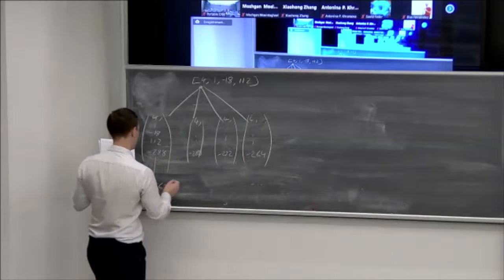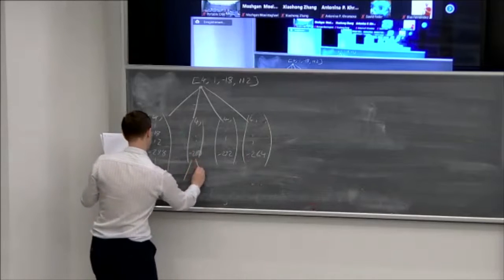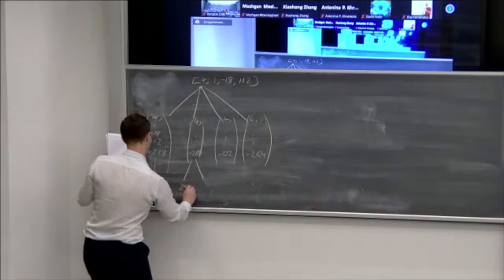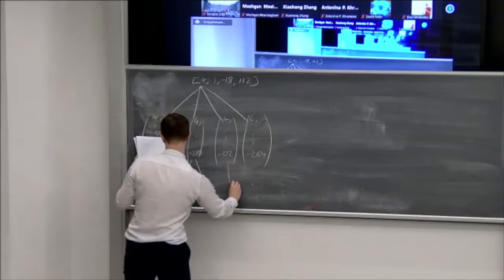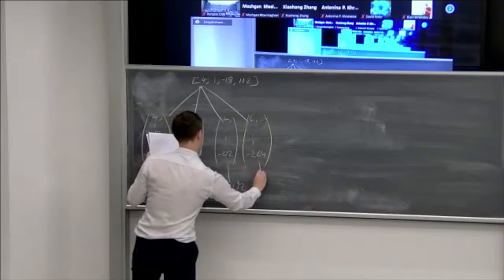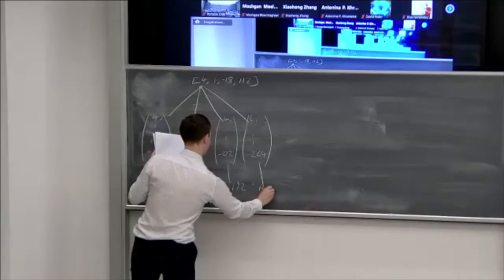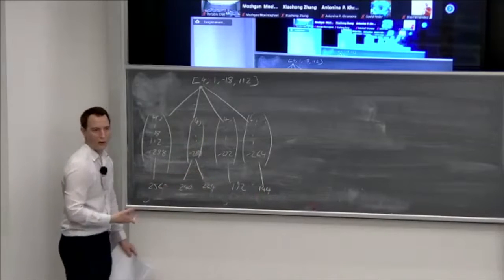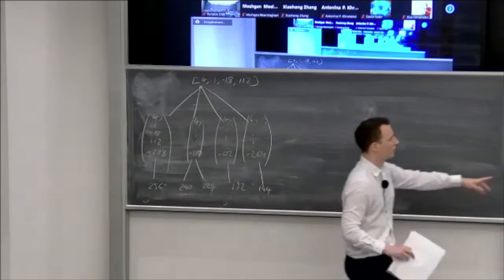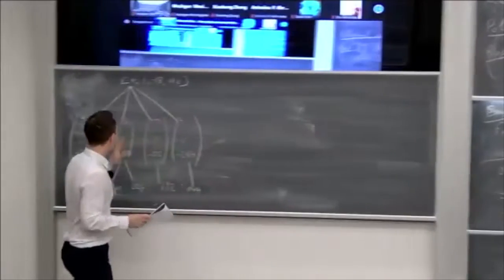It has to be 2, 5, 6. This one has 2 possibilities for the next coefficient: 2, 4, 0, 2, 2, 4. This one just 1, 1, 9, 2, and 1, 4, 4. And so this gives us in total 5 possibilities for this polynomial. And this is how the algorithm works.